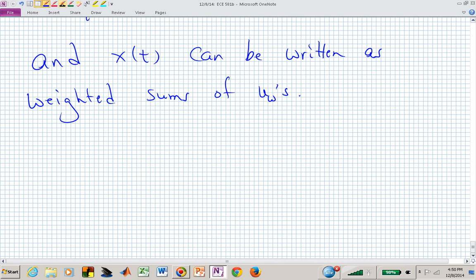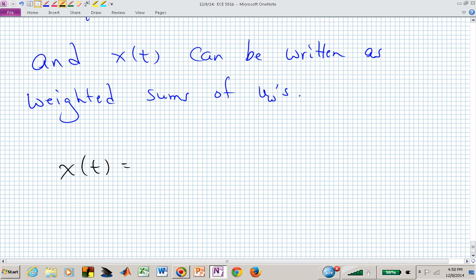So that now we can write x of t as a weighted sum of these eigenfunctions, and since we have an infinite number of them, the sum is now this integral.